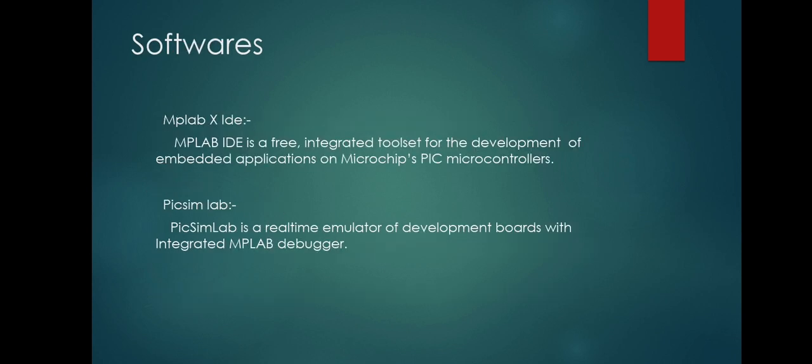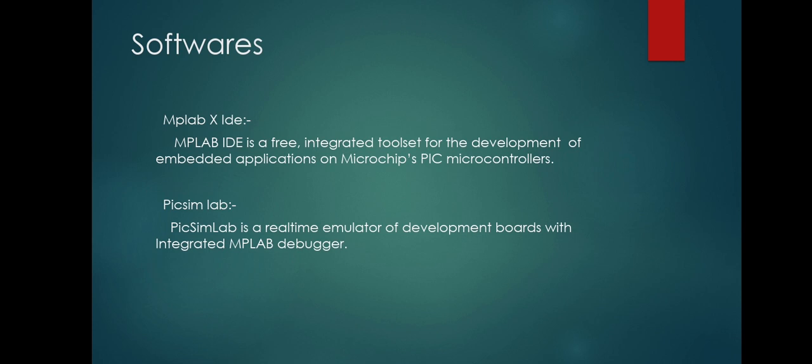So next we talk about the software we used. The first software we used is MPLAB X IDE. MPLAB IDE is a free integrated toolset for the development of embedded applications on Microchip PIC controllers.